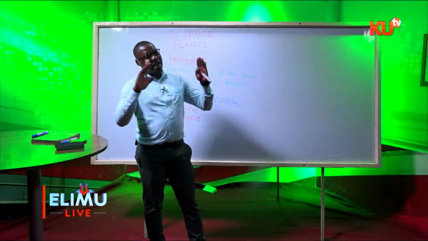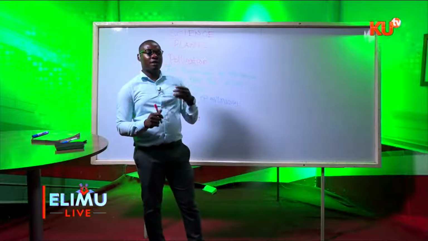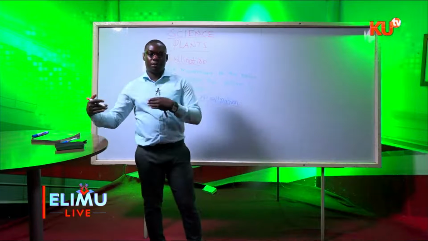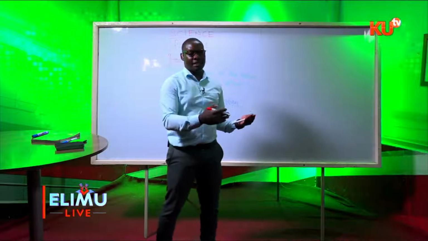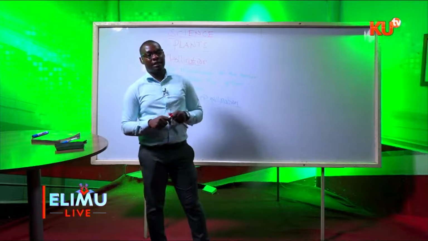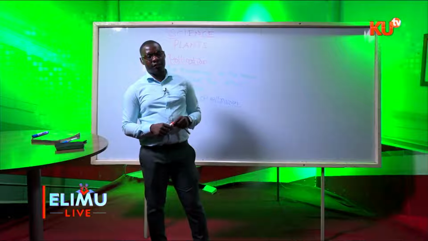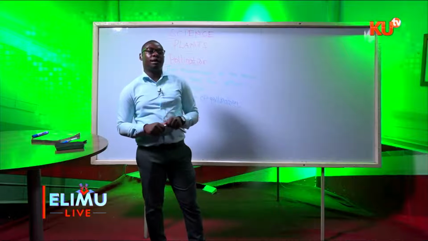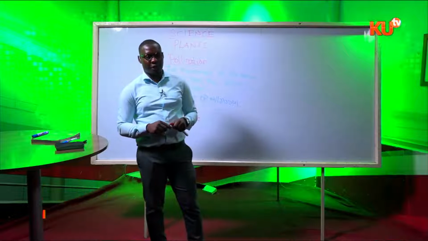Characteristics are how things are. Why will this one be big, this one small? Why will this one be bright, this one dull? So that leads us to the characteristics of the insect-pollinated flowers and the wind-pollinated flowers.